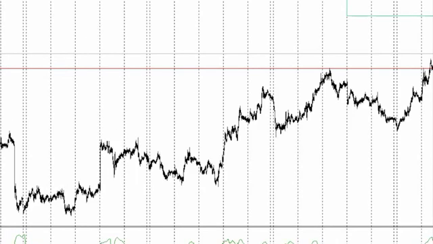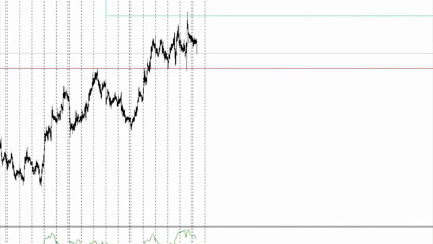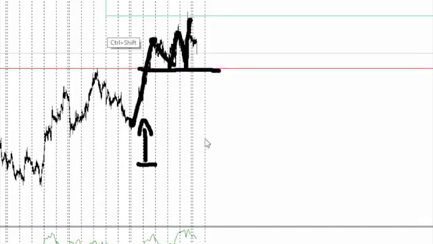Just a minute, I will show you the strength. Let's go to, I don't know, the hourly chart, and you see that the market was going up without any correctional moves. The correctional moves were not very deep. This is a sign of strength, and eventually the support area was protected.